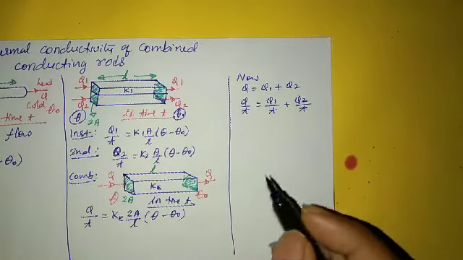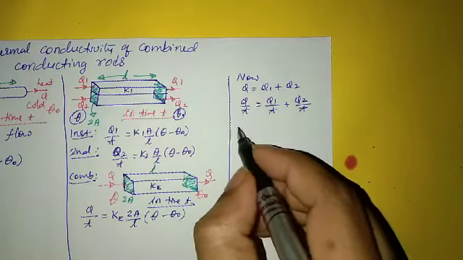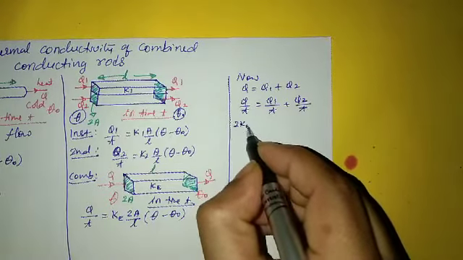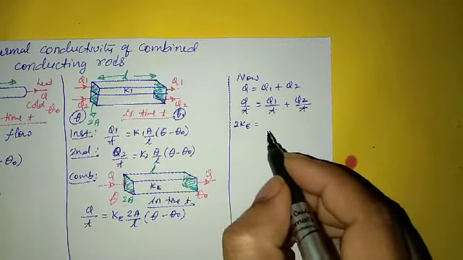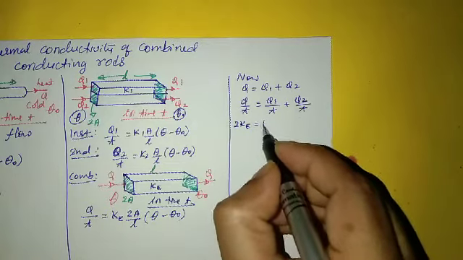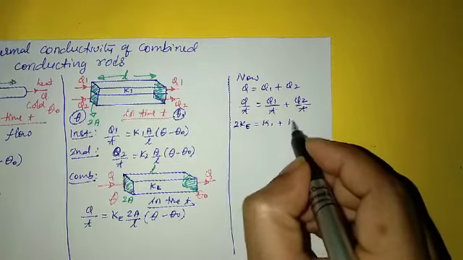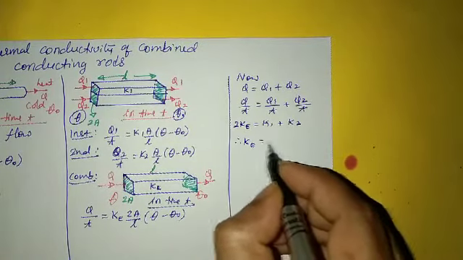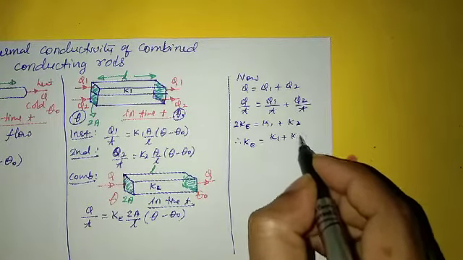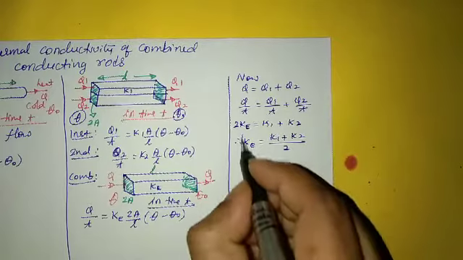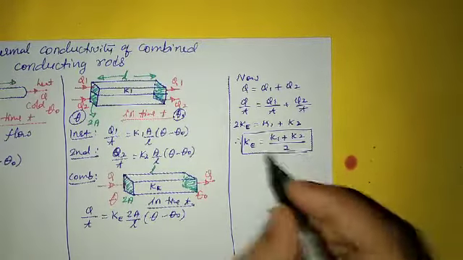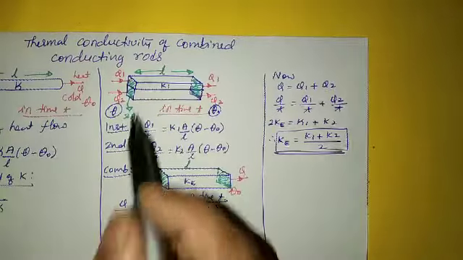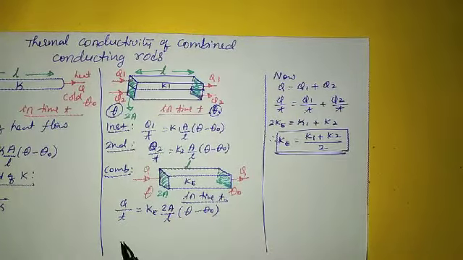The remaining terms are nothing but 2 times Ke, which is equal to K1 plus K2. Therefore, what does Ke come to? Ke is K1 plus K2 whole divided by 2. This is the effective conductivity of the system of conductors as a whole.